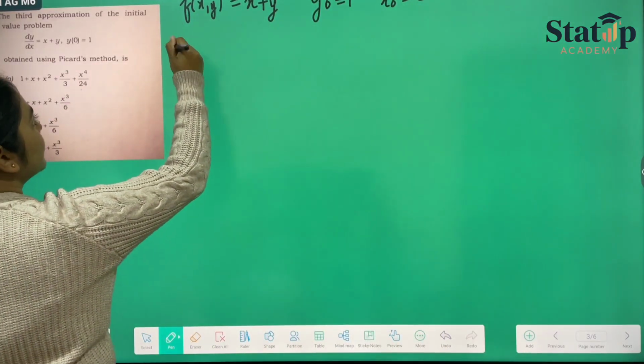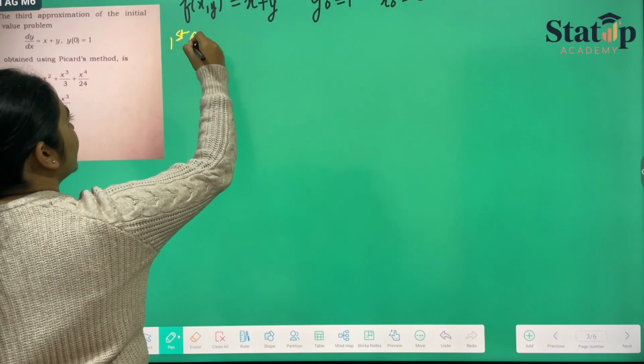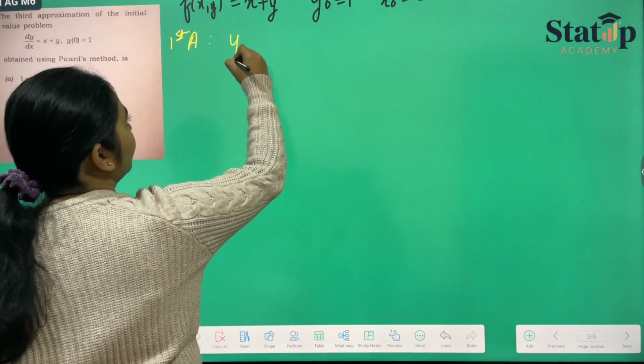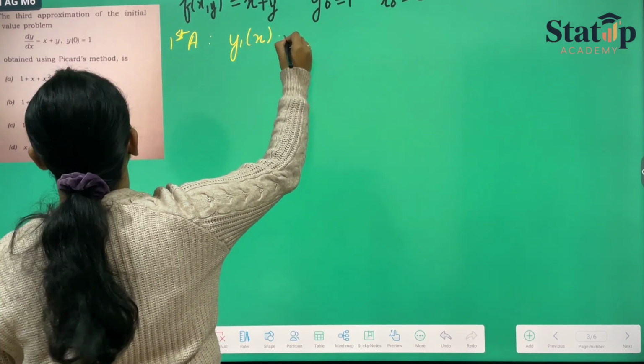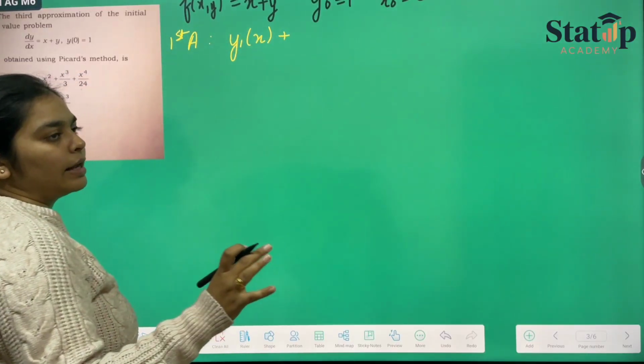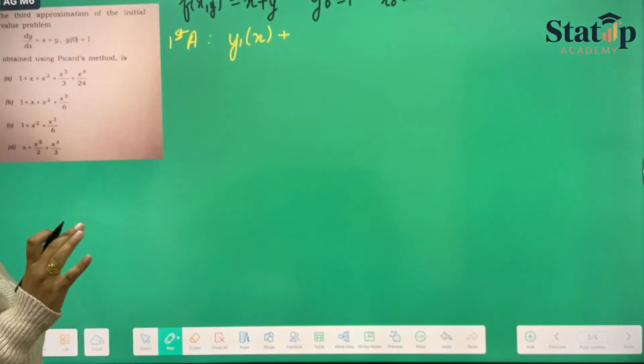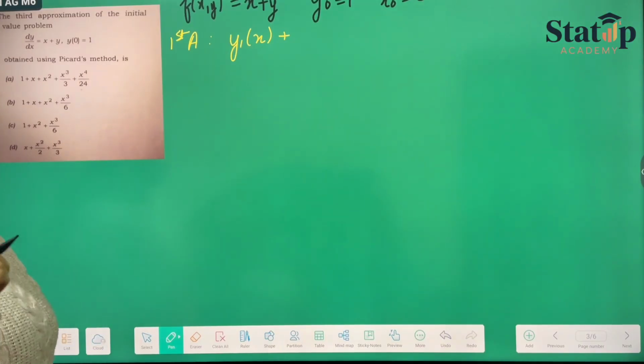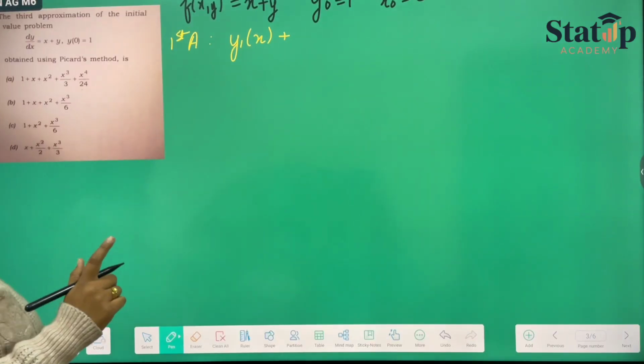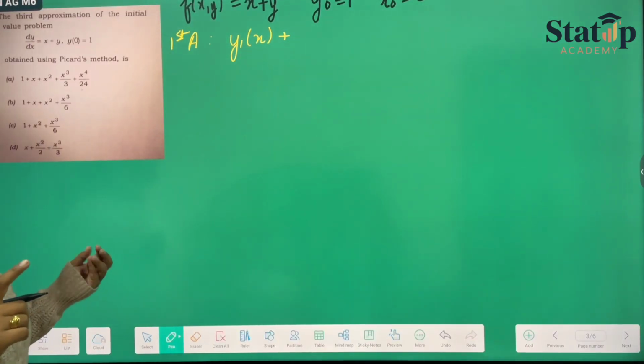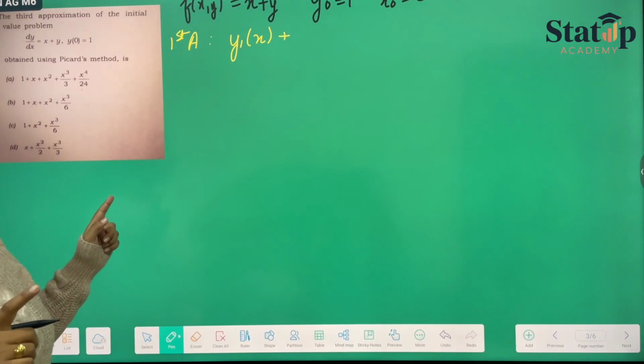So let us say that the first approximation is given by y1(x). They have not told us what values of x we should take. So one step is lower than the previous one, but one step is higher because we have to calculate the third approximation instead of the second approximation.